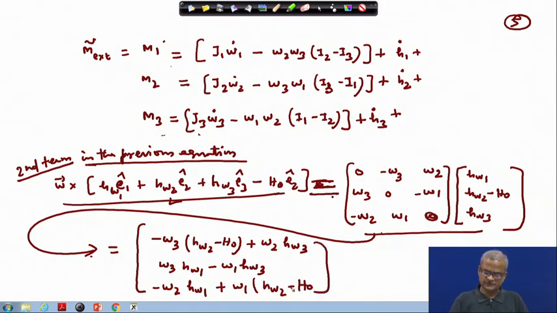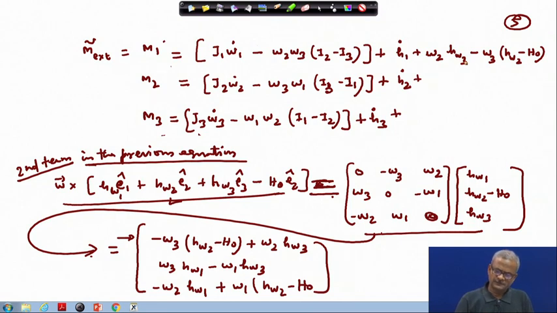So, these are the three terms, and these three terms will appear in this place. For the first, we can write omega 2 H w3 minus the other term, which becomes minus omega 3 times (H w2 minus H0). Okay. So, this completes the external torque along the first direction.